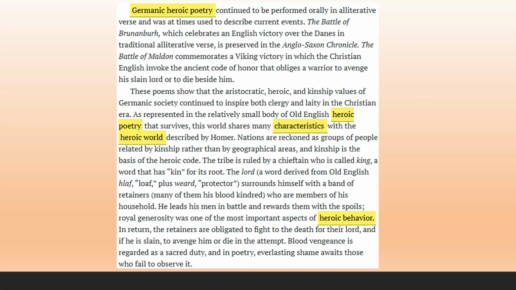But what I did in this situation was to look for the word heroic. And we have German heroic poetry, so I know that this paragraph, and the following paragraph, obviously, contain some of the information that I'm looking for. So we have heroic poetry, characteristics, heroic world, heroic behavior.